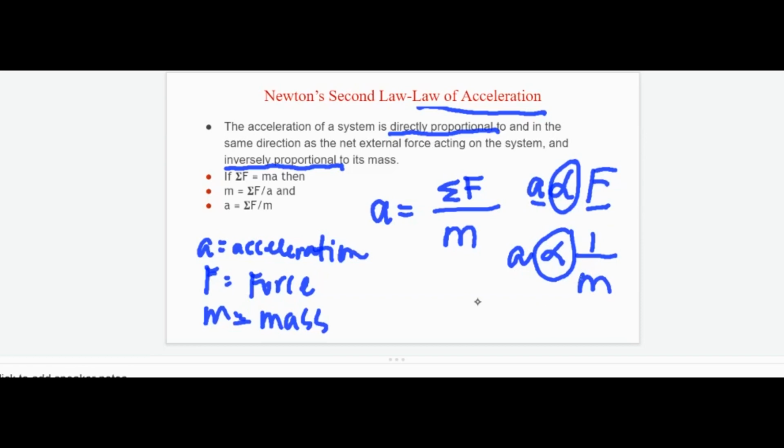If I triple my mass, then my acceleration will only be 1/3, because the more mass I have, the more resistance, more inertia, and my acceleration will be less, because they are inversely related. So if I decrease my mass by half, then my acceleration will be doubled. Okay? So hopefully you understand that well.